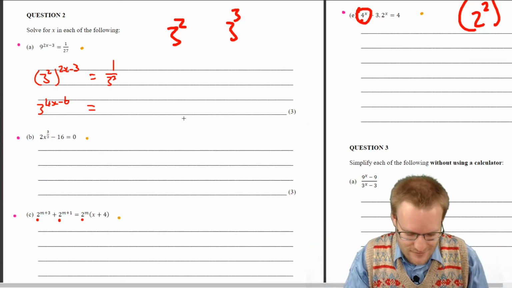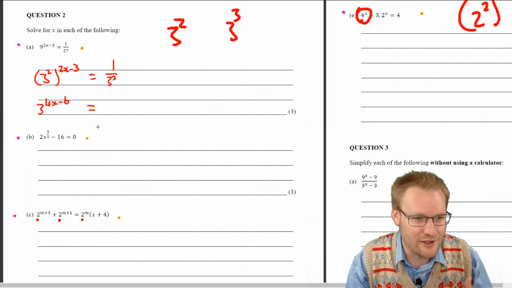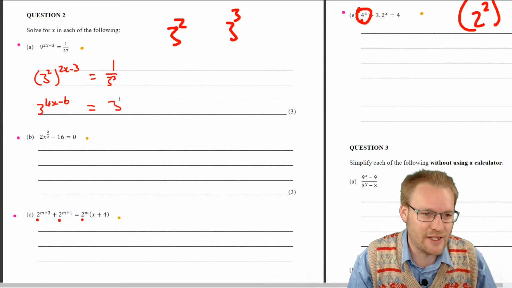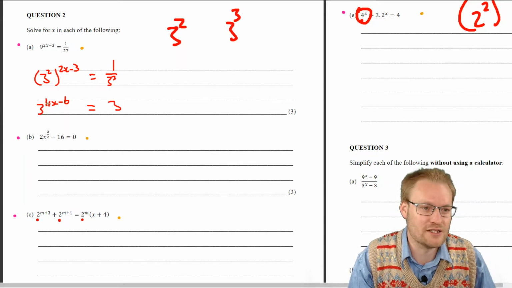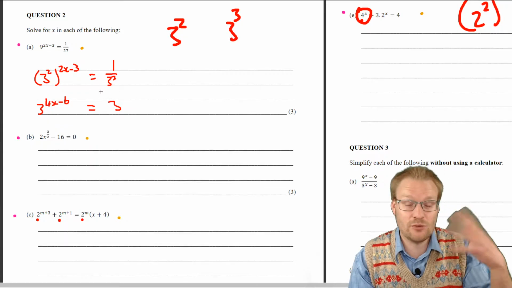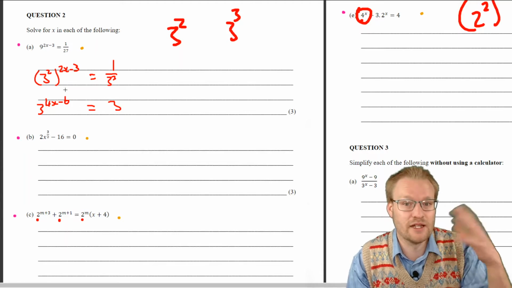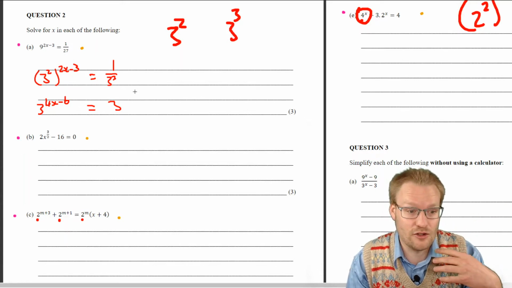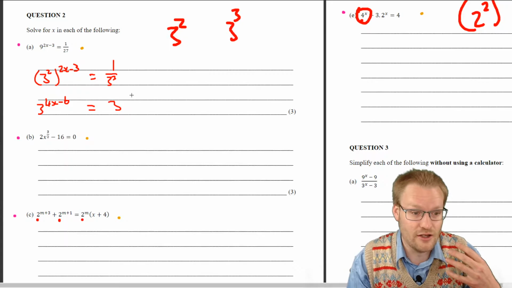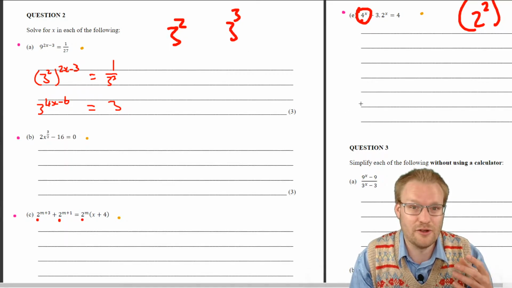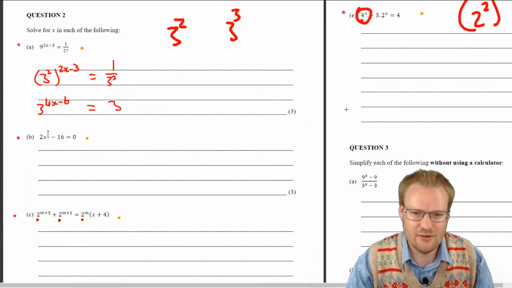I'm not asking this in the best way of going fill in the gaps, but if we can make the base the same, then we can say the exponents are going to be the same. So that's one of the tools: if we can get the bases the same, then the exponents are the same. And we're going to use this quite often, actually, because we're going to end up using it in question E. It's just going to be a bit further down in the question, and we start using it in other ones as well.